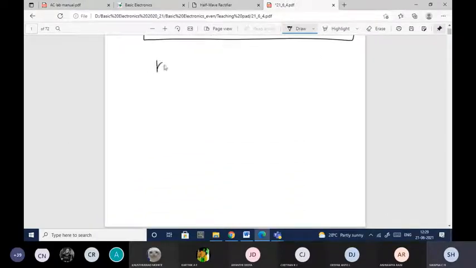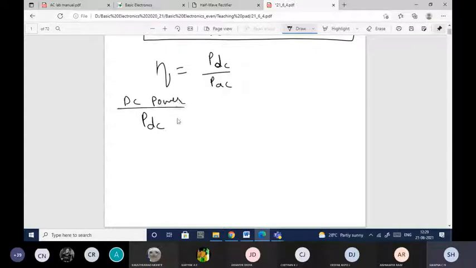Now I need to find the efficiency. As I've already told, it is PDC by PAC. PDC is the DC power. DC power is given by, either you can calculate by using VDC into IDC, or you can even calculate IDC square into RL. Okay, either of these equations you can use.